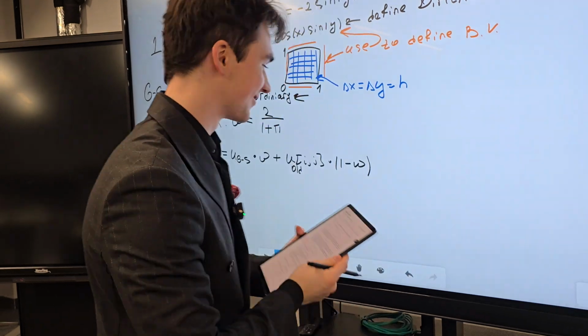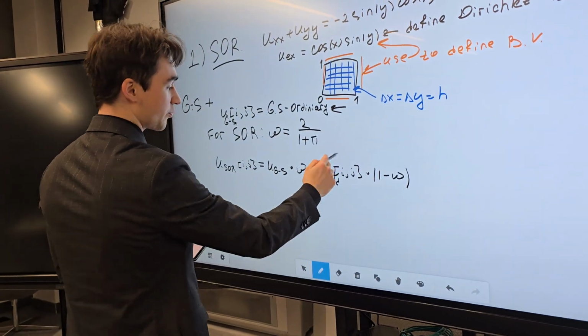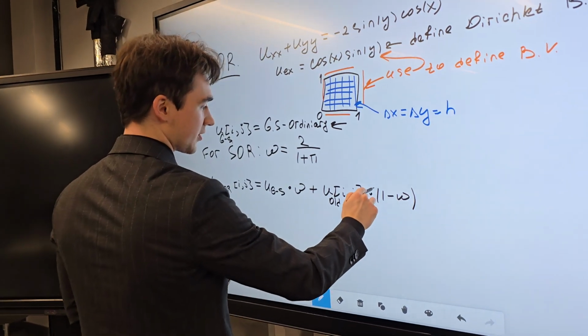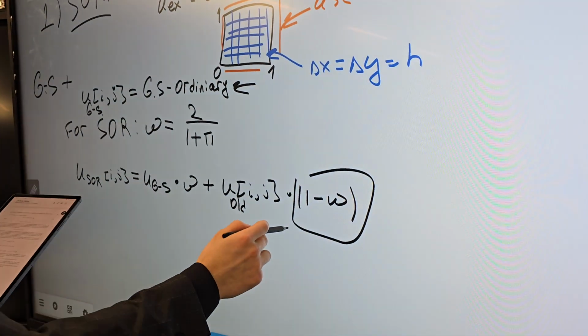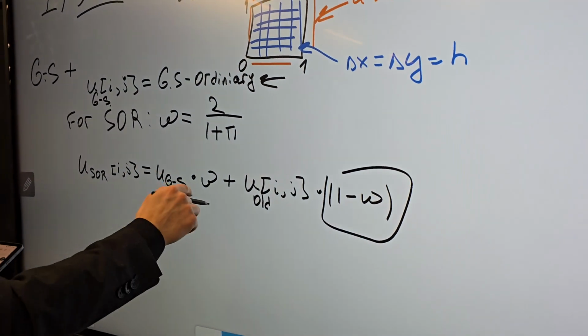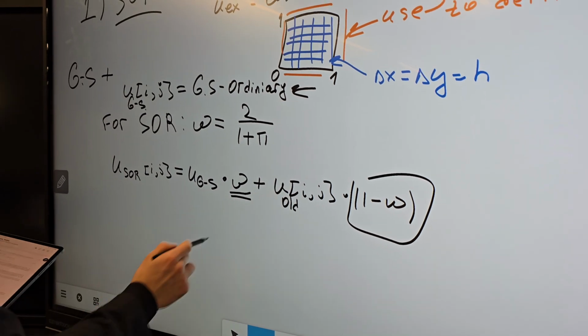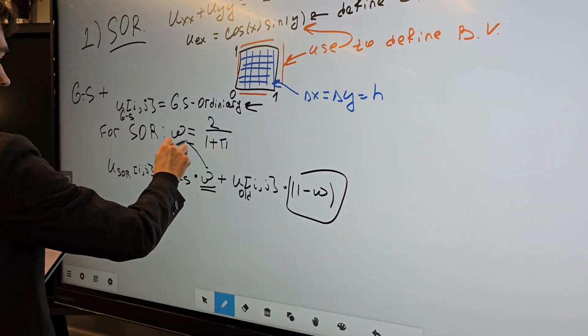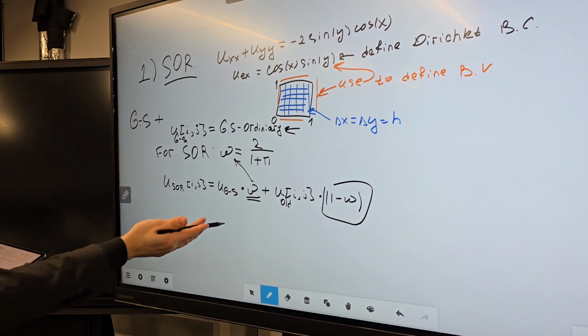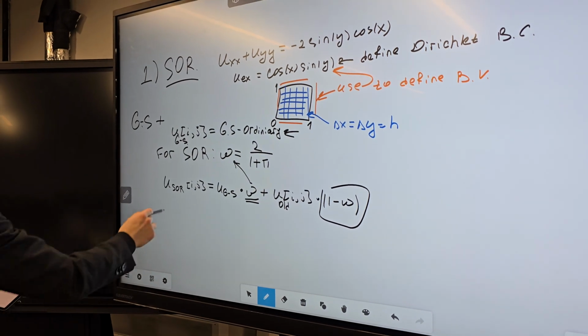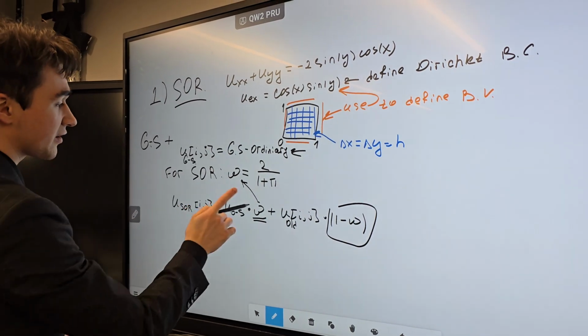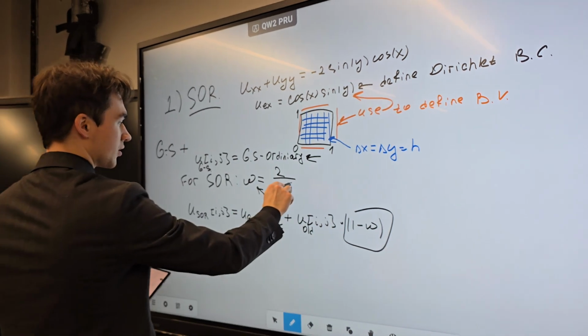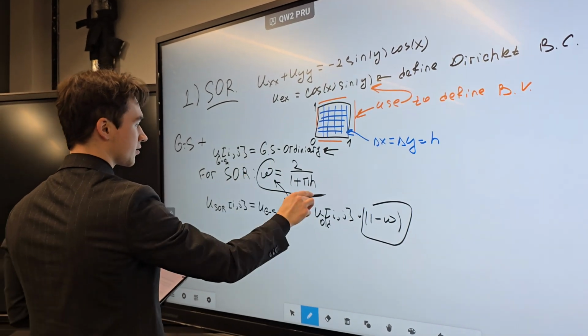With the previous value, you use the 1 minus omega parameter, and for Gauss-Seidel, you use the omega parameter. And omega is from here. And that's actually the whole algorithm of SOR. It will converge faster due to this omega parameter.